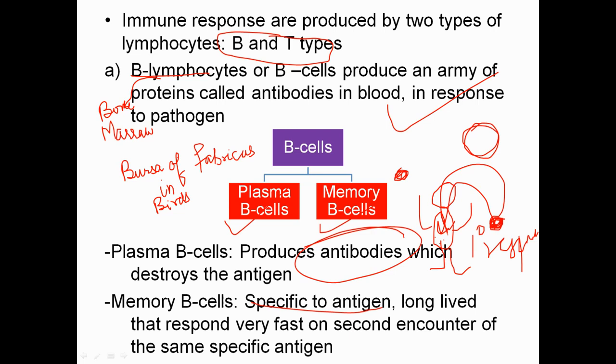It is able to recall that we have had that kind of infection. So the second encounter is referred to as the secondary response. Now the body is full-fledged, it has memory of how to fight that particular kind of antigen. So these memory B cells help to create a memory for the lasting impact.